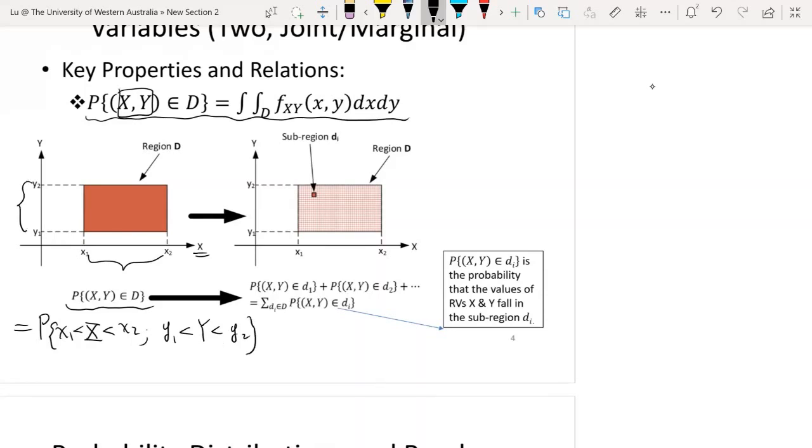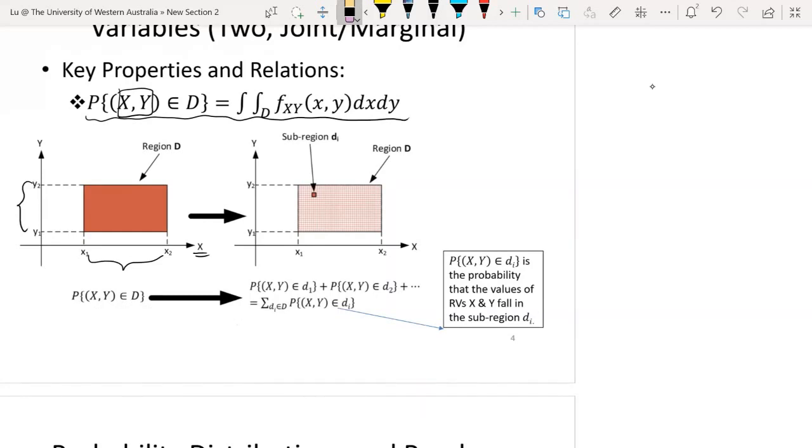If x and y satisfy these two conditions at once, we can guarantee the point defined by x and y is within this red square region D. This is just the idea of the equation. And how can we solve that?